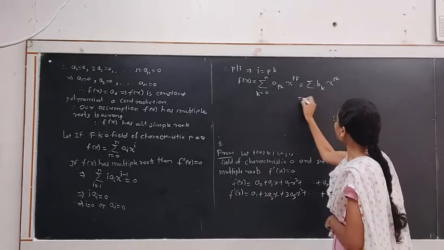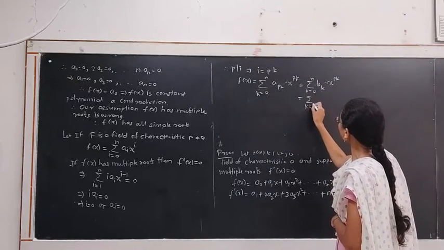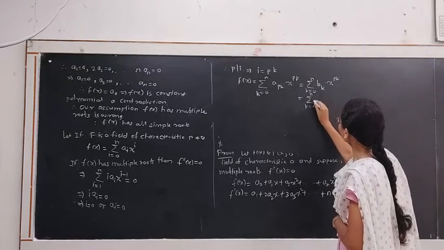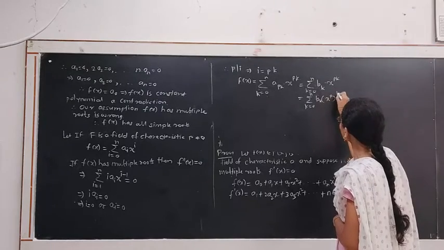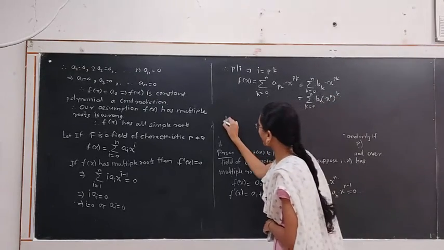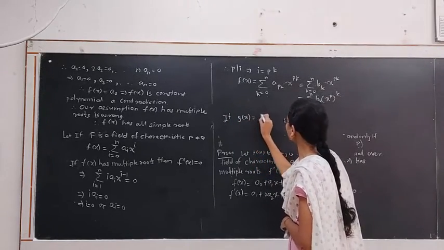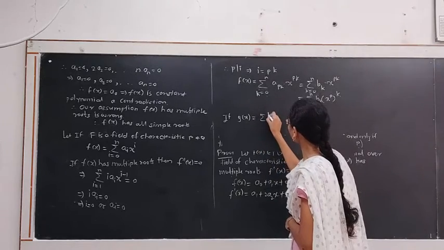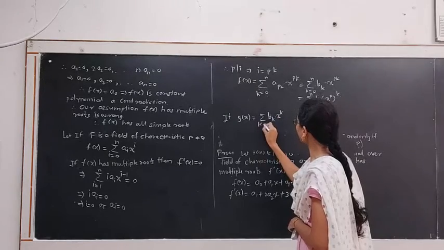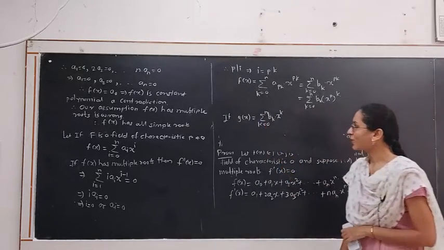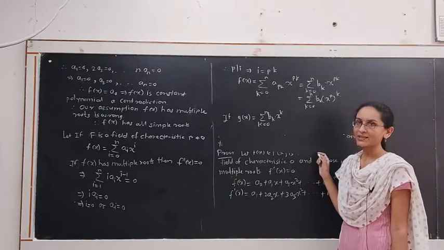This can be written as the sum k equal to 0 to n of bk into x raised to p raised to k. If we consider the polynomial g(x) equal to summation bk x raised to k, k equal to 0 to n, this is the polynomial b0 plus b1x plus b2x square plus up to bn x raised to n.